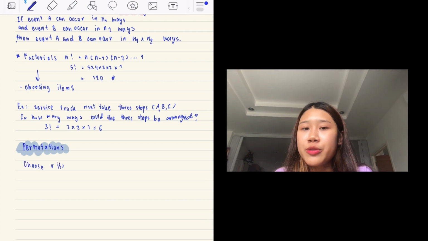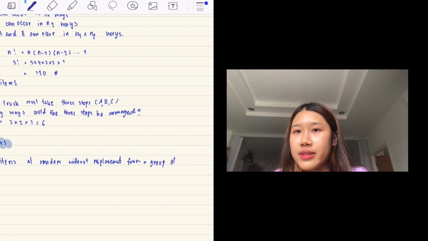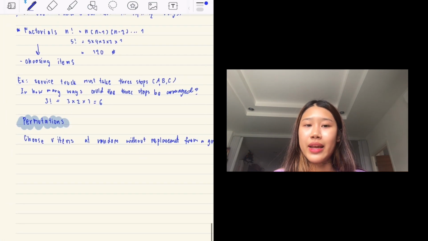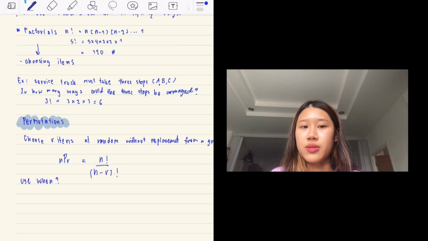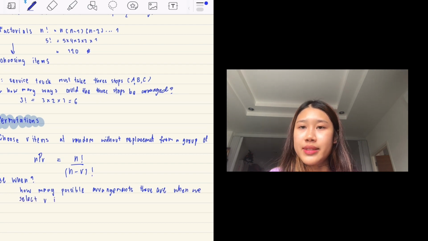We use permutation when we choose r items at random without replacement from a group of n items. It can be written as nPr equals n factorial divided by n minus r factorial. For example, how many possible arrangements are there when we select r items? So we will use permutation in this case.